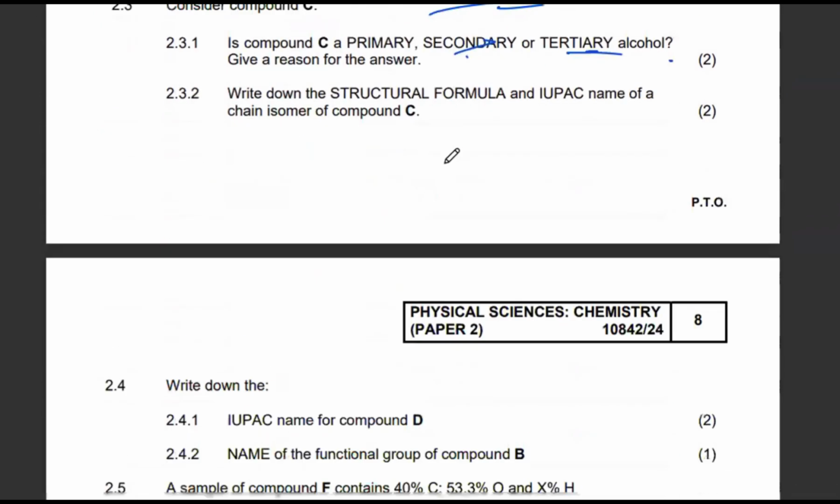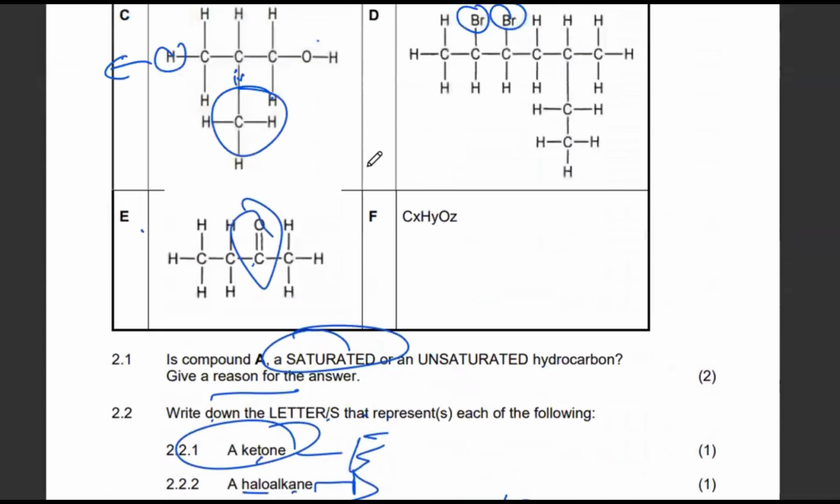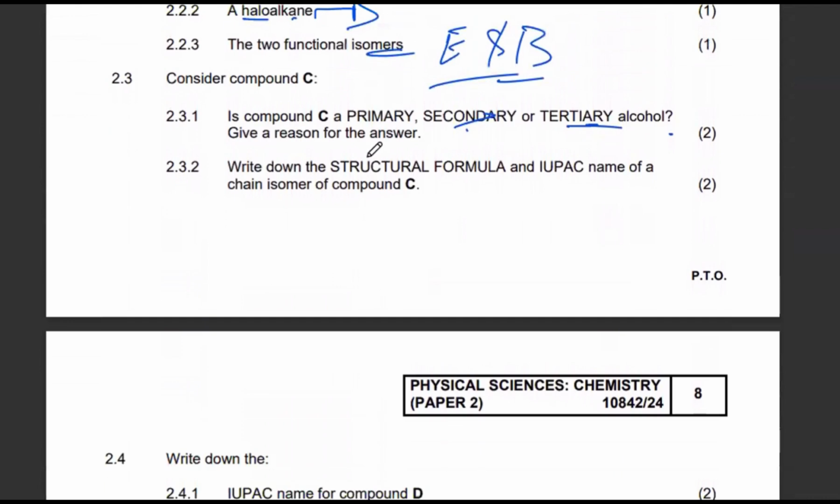So how many carbons are there? 1, 2, 3, 4. So it's going to be 1, 2, 3, 4, and then OH there, and then I put the hydrogens.